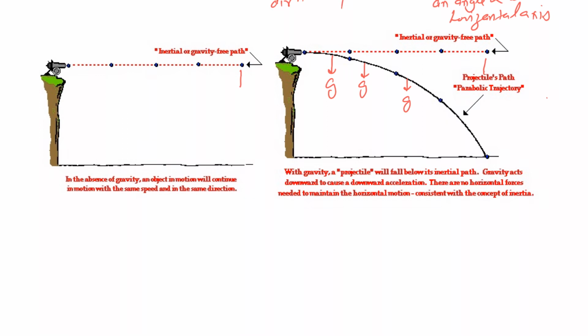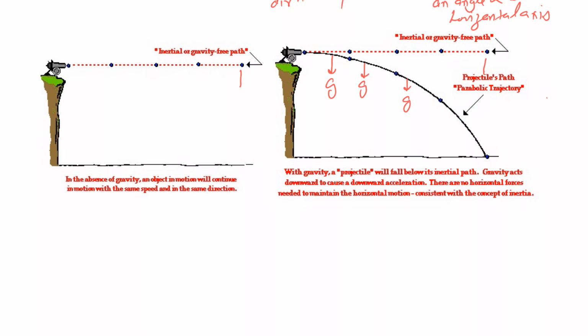So this will be the scenario in case of gravity, the motion will be like that, and in the other case it will be horizontal. That is only because of the downward acceleration. In both the cases horizontal velocity is constant, so the horizontal distance is not going to be different in both the cases.